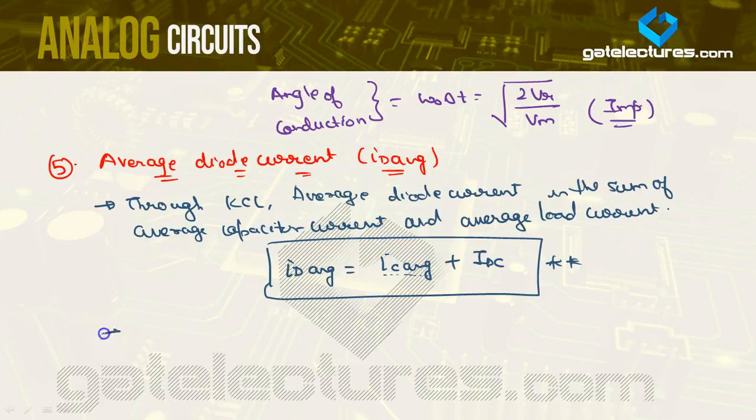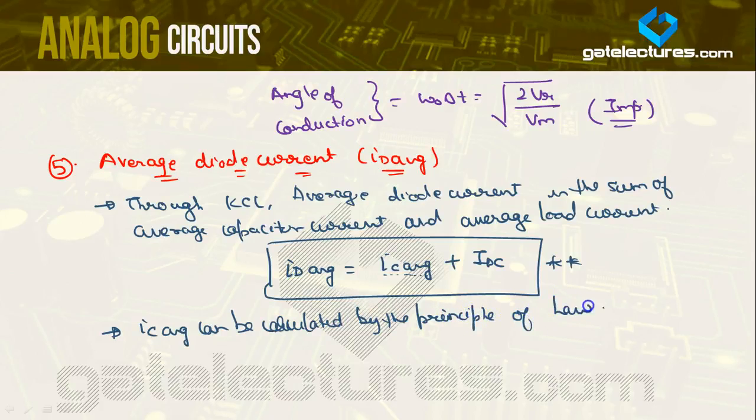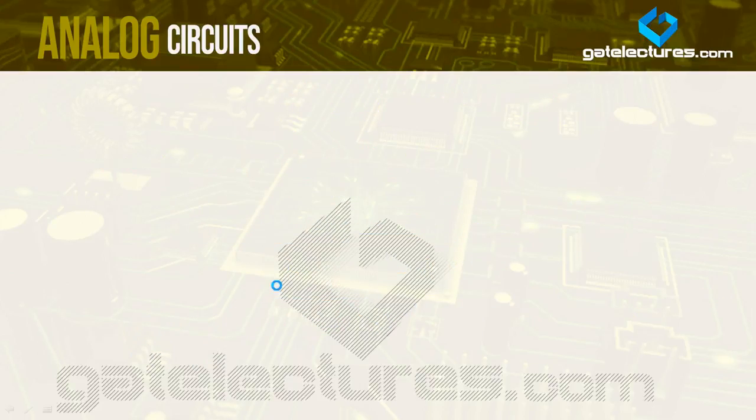Your IC average can be calculated by the principle of the law of conservation of charge. Charge lost is equal to charge gained.